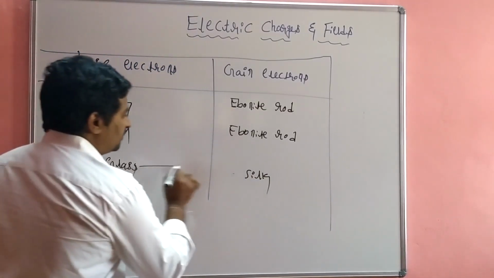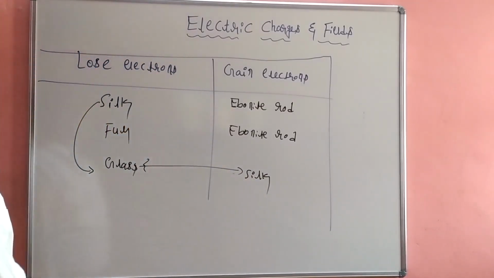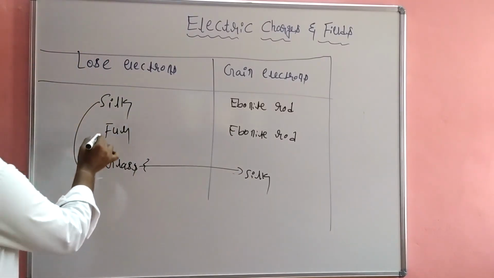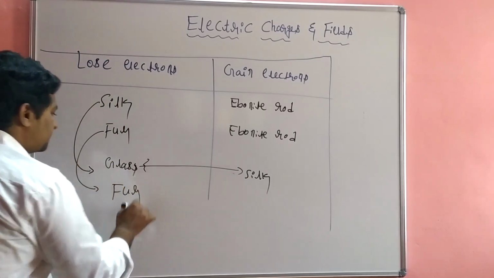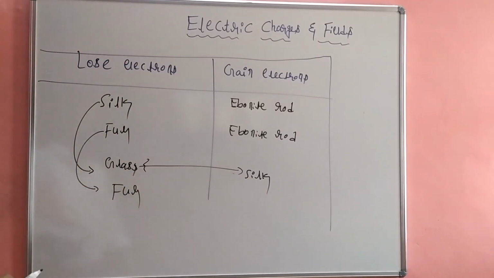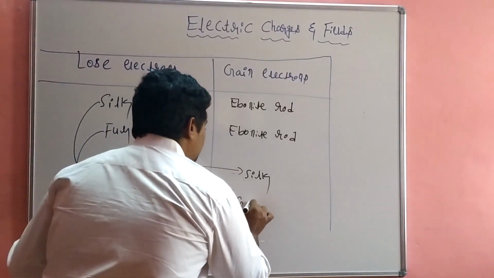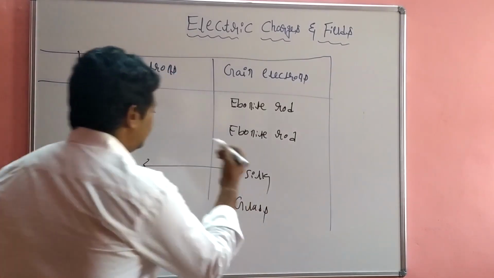When fur is rubbed with the glass rod, the fur loses the electron and the glass gains the electron.